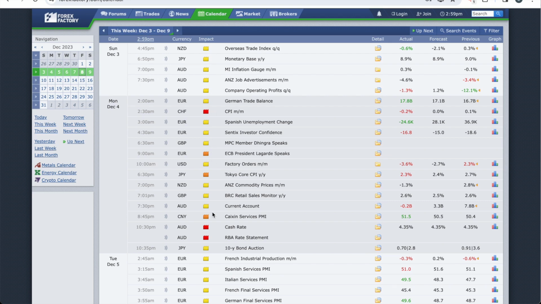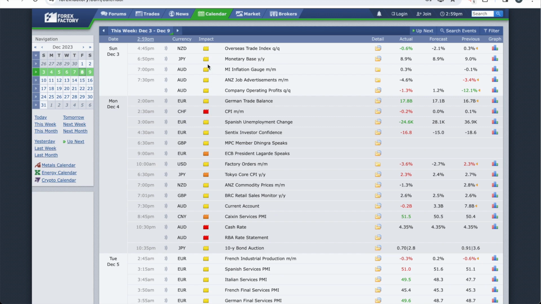Now, these folders represent the strength of the news, okay? This yellow folder is the weakest news. Then you have the orange news, which is the middle news, not that strong, but it is strong somewhat. And then you have the red news, which is the strongest.